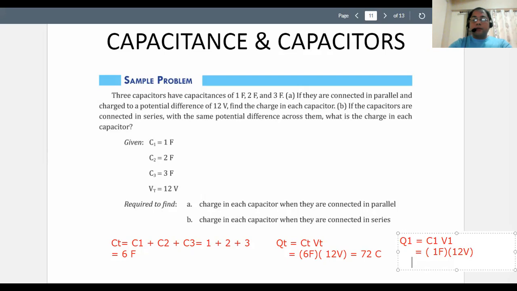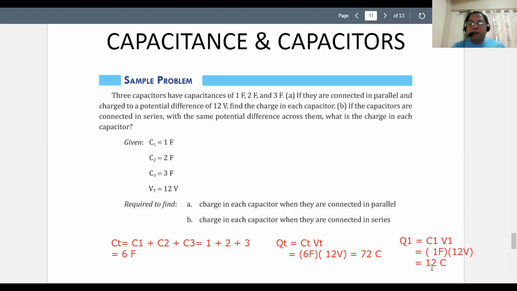So the first charge is 12 coulombs. Q sub 2 will be C2, V2, and Q3 is C3, V3.